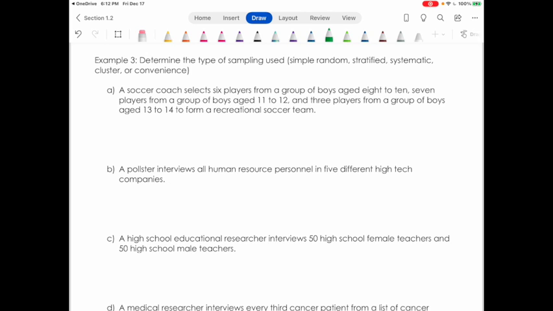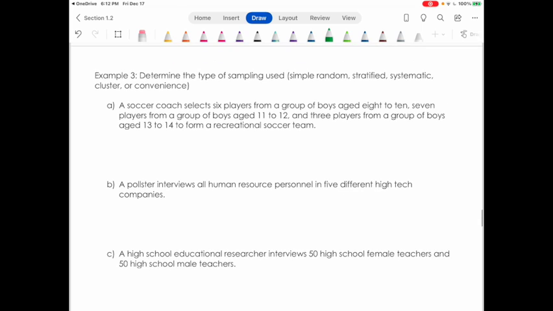If I were to pick between the ones that we've talked about, I would say that this is considered stratified, because this is split into groups and then some are taken from each group, although they should be picking the same number from each group, but I would say that is the closest option given the options that I had to work with.